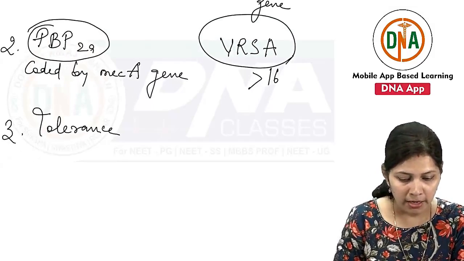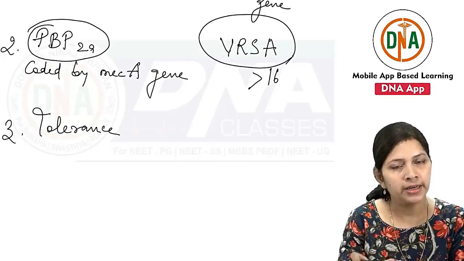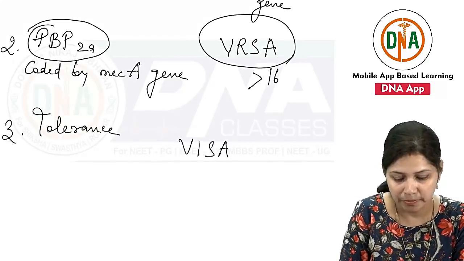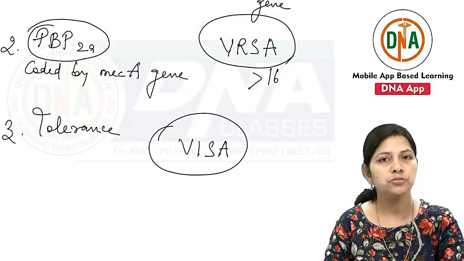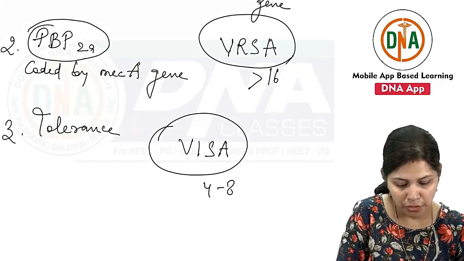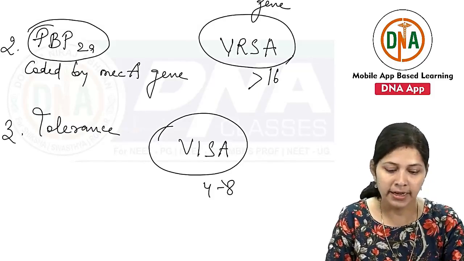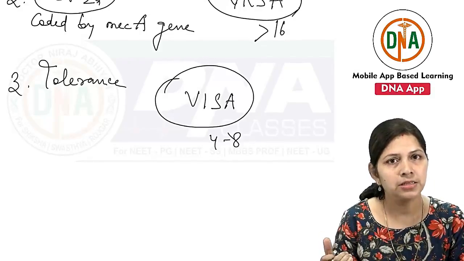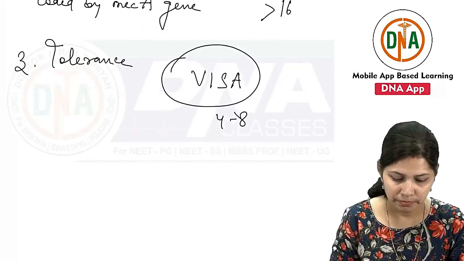Okay, and there is another category that is known as vancomycin intermediate Staphylococcus aureus or VISA. Please note that in this category the MIC is around 4 to 8 microgram and it is not VAN-A mediated resistance.